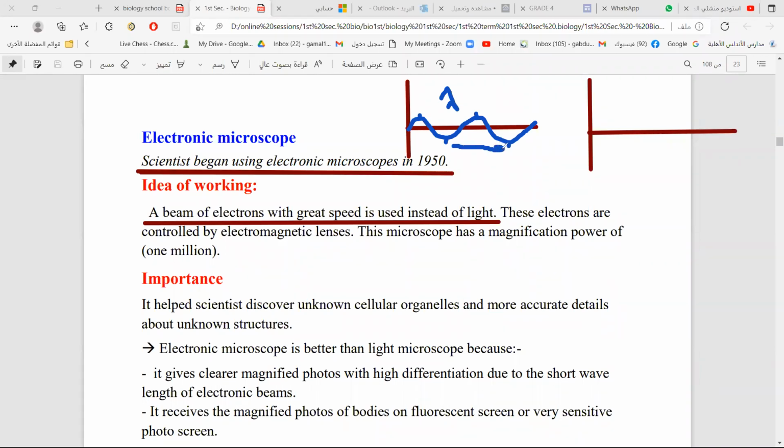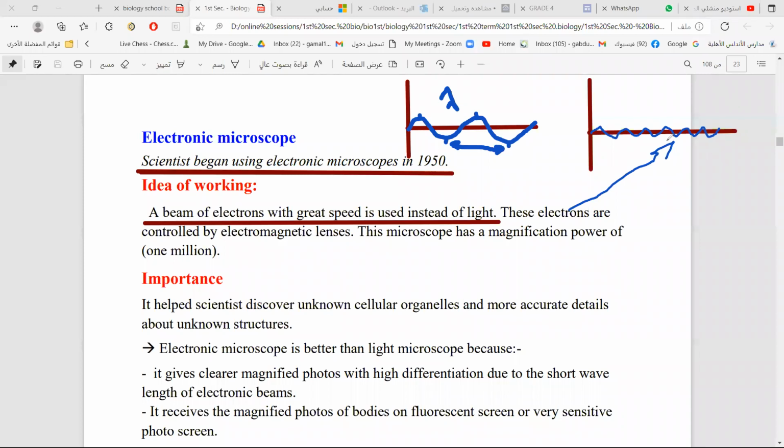You know this from your previous study. This is the wavelength of the normal light, but the wavelength of the beam of electrons is very small, like this. As you see, this is the wavelength of the electrons.